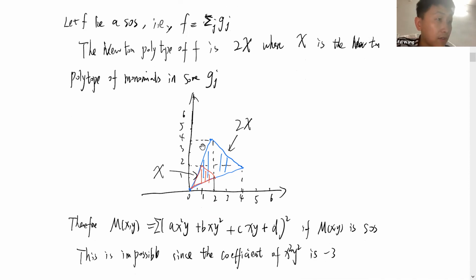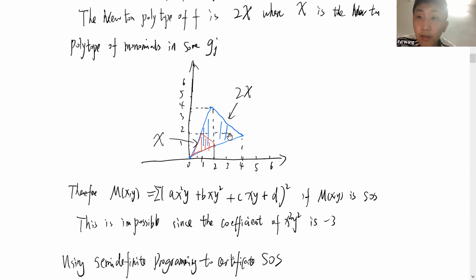In this picture, the blue triangle is the Newton polytope of the Motzkin polynomial, and if the Motzkin polynomial is a sum of squares, then the red triangle is the Newton polytope of the squared terms, and you can see the red triangle is exactly 1/2 of the blue triangle.